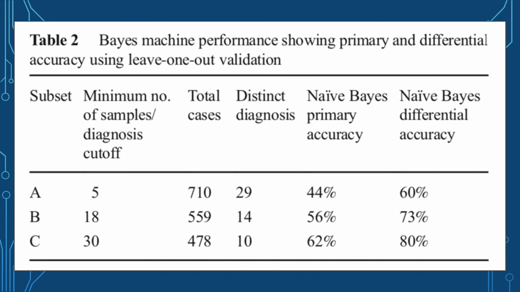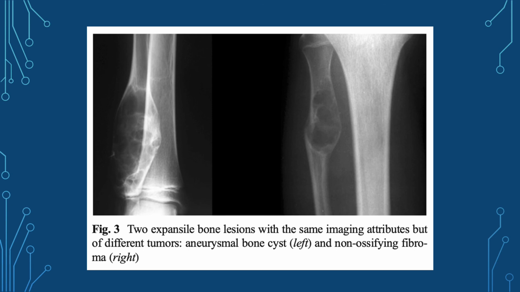Primary accuracy in this case refers to the model's ability to return as its number 1 diagnosis the actual correct diagnosis, whereas differential accuracy refers to if the model was able to say within its top 3 differential the correct diagnosis. The paper then concludes with specific examples of tumors that the model struggled to classify.